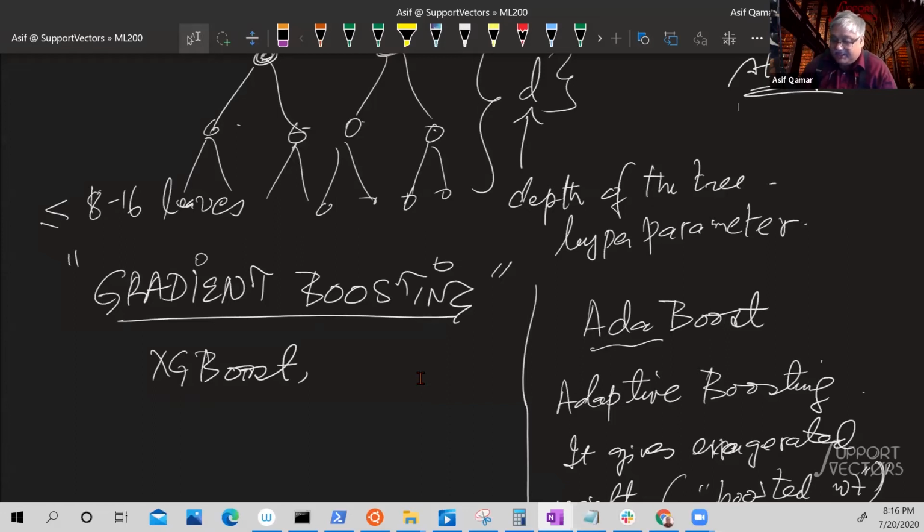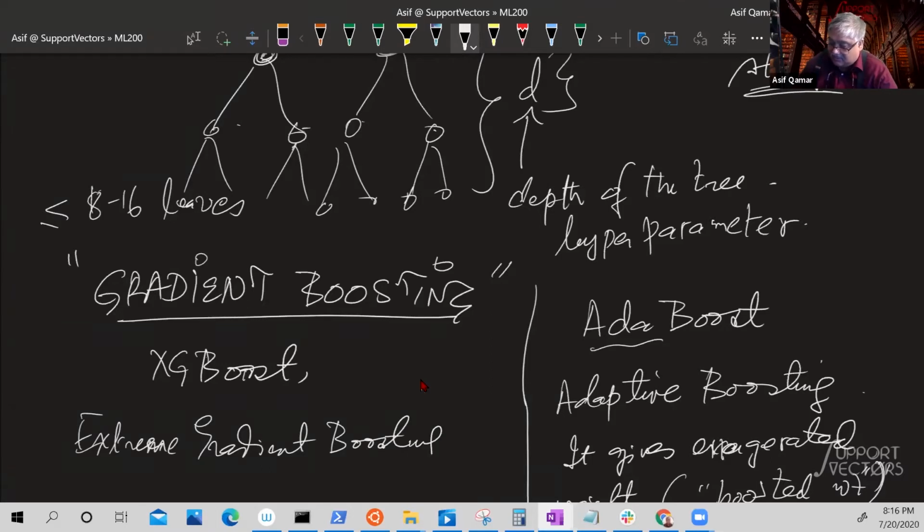So you're not using the parallelism that's inherent in the machine. The implementation, XGBoost, extreme gradient boosting, that is what it is, extreme. It solves that problem from an implementation perspective. It says, see guys, we live in a world of massively parallel computers, right?